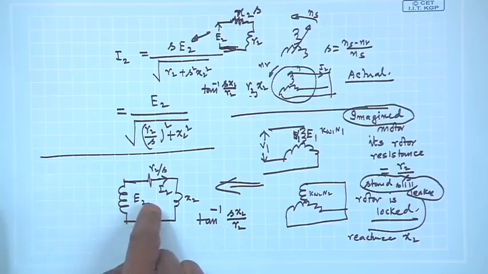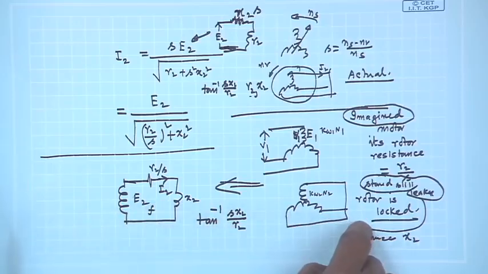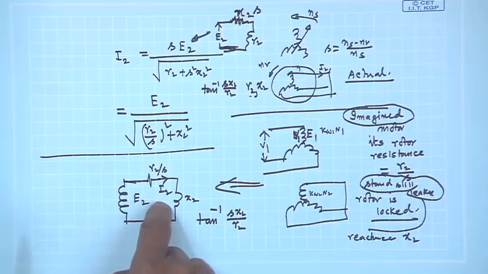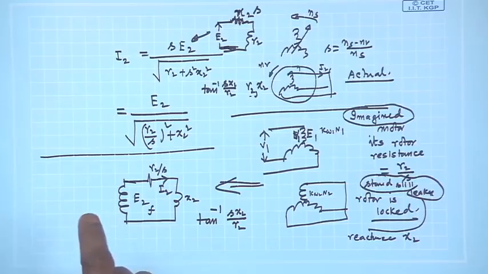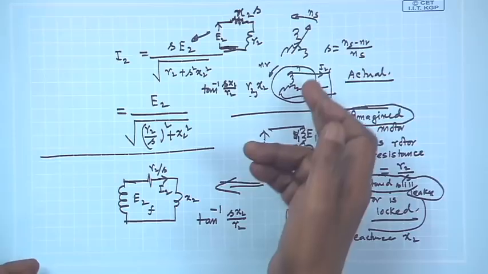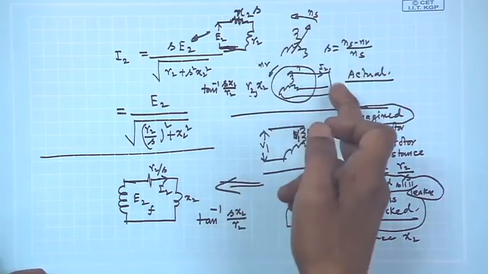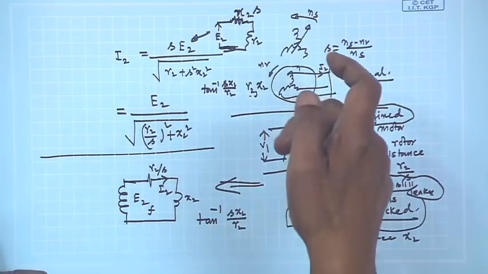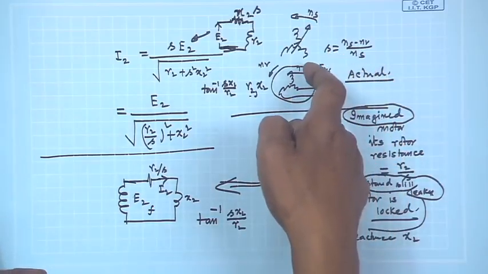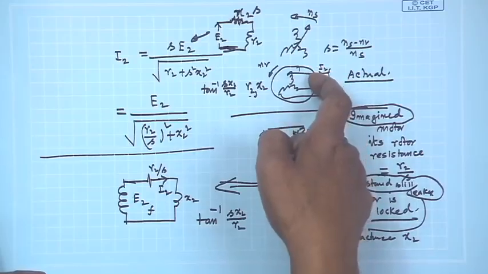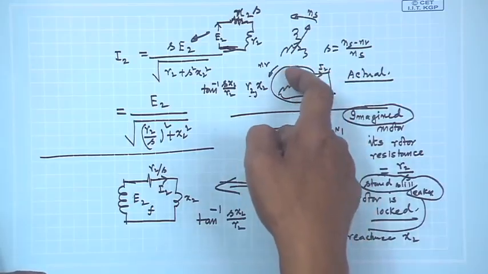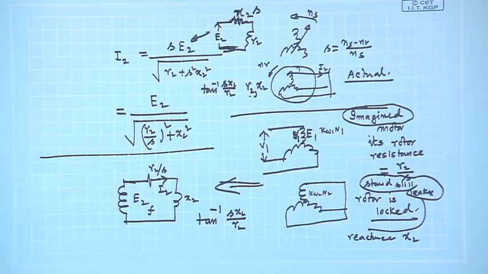Therefore, the rotor in this imagined motor will have some RMS value of the current at some power factor angle with respect to E2, the same as this current of the actual induction motor, which is running at a slip S and delivering a current I2. This current I2 with respect to this voltage will also have the same power factor angle.